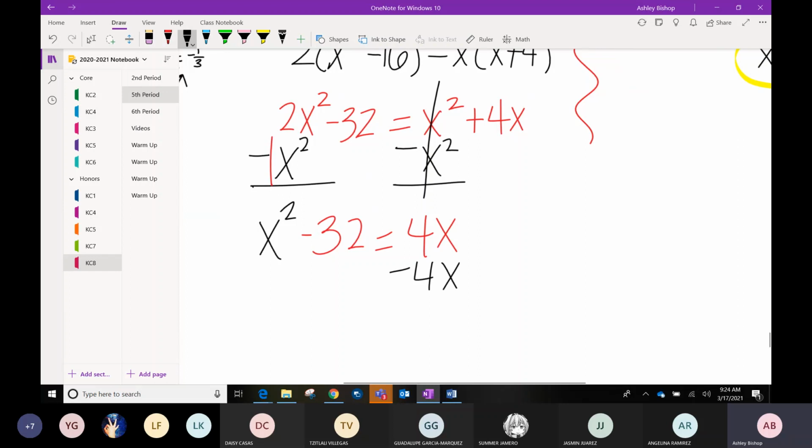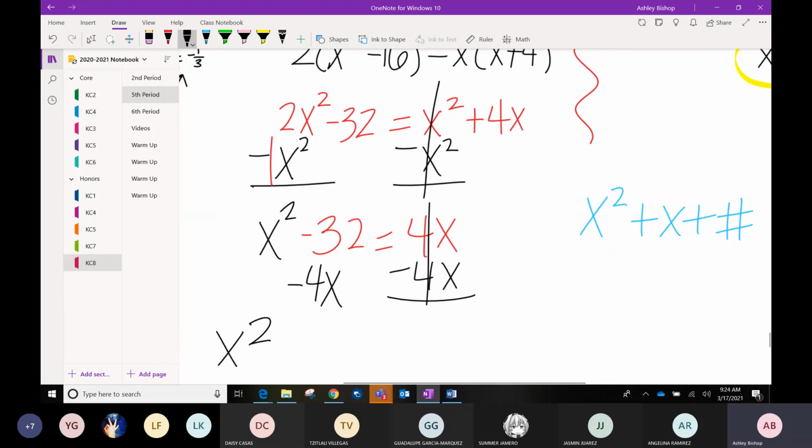When you have an equation, it always goes in the form of x squared plus x plus the number. So I'm going to put this minus 4x over here on both sides, but when I rewrite it in a nice line, it's going to go in the middle.